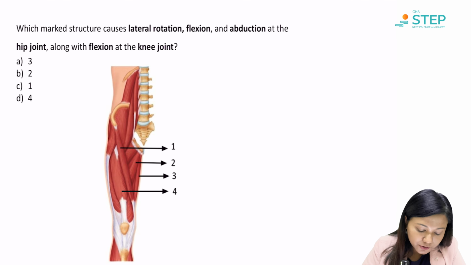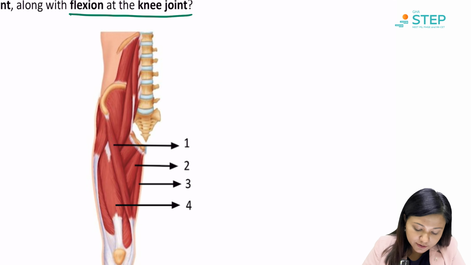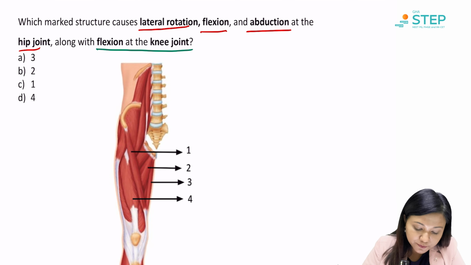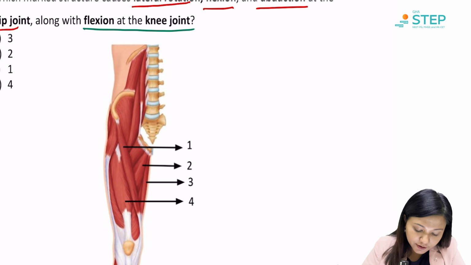Next question, which marked structure causes lateral rotation, flexion and abduction at the hip joint and flexion at the knee joint. They have marked the muscles of the anterior compartment of the thigh, and they are asking which of these muscles causes lateral rotation, flexion and abduction at the hip joint and flexion at the knee joint.